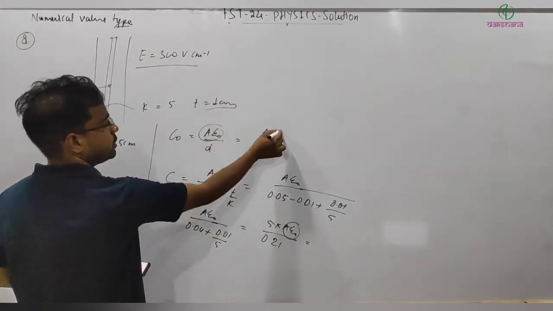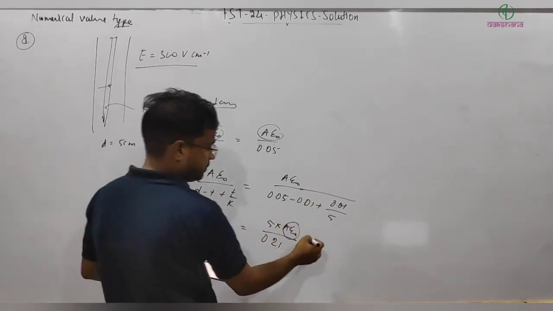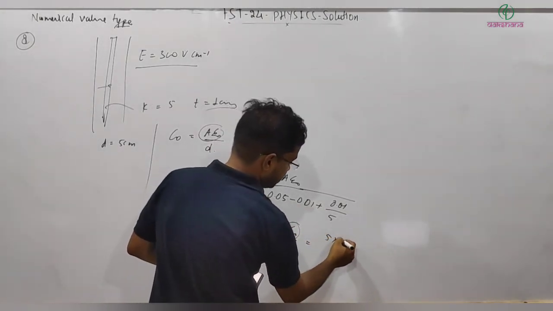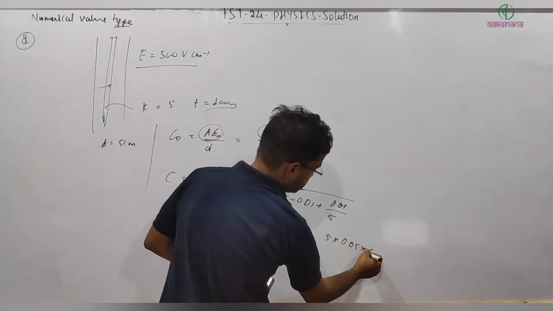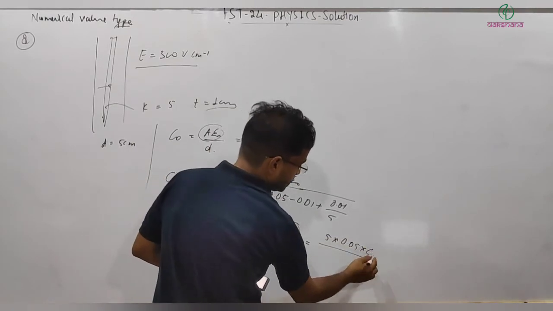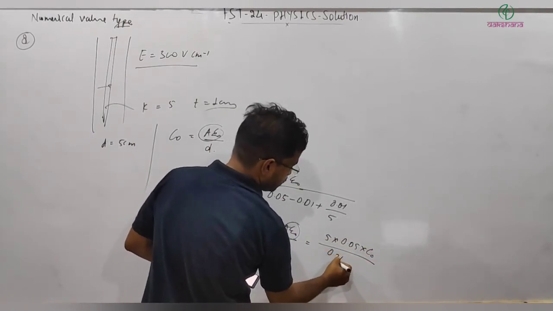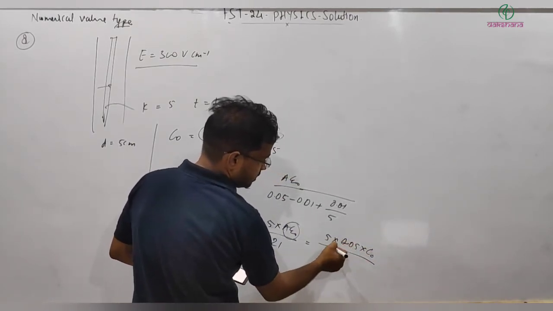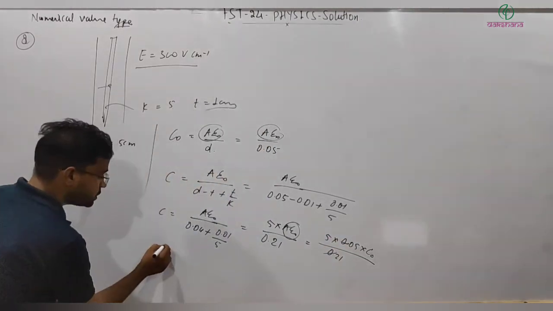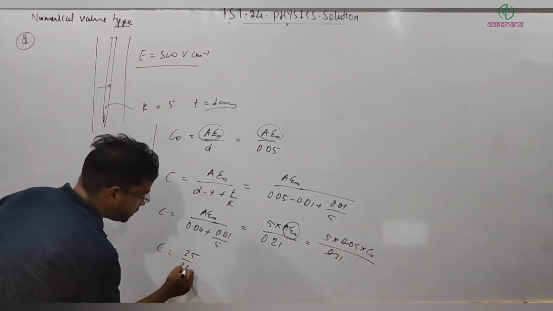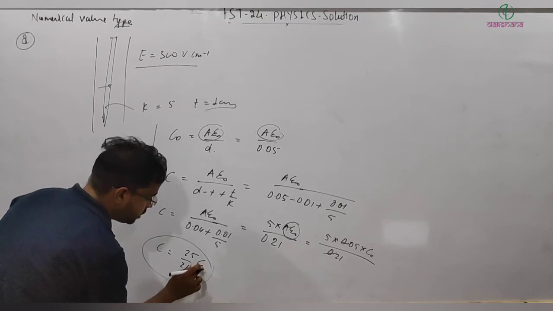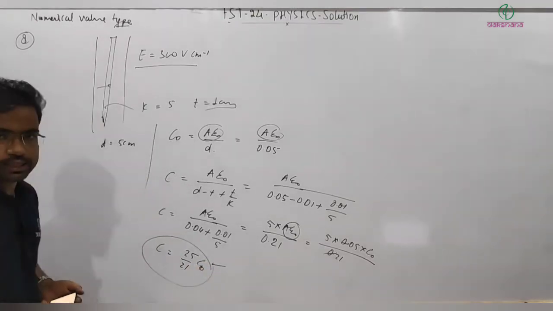A epsilon naught is equal to what? C naught into 0.05. So it's 5 multiplied by 0.05 into C naught, divided by 0.21. Decimal point gone, 25 by 21. So C, we are getting 25 by 21 C naught. So the capacitance of the system has increased, is it?